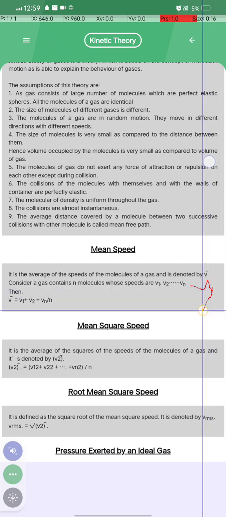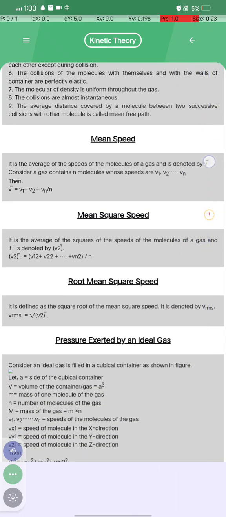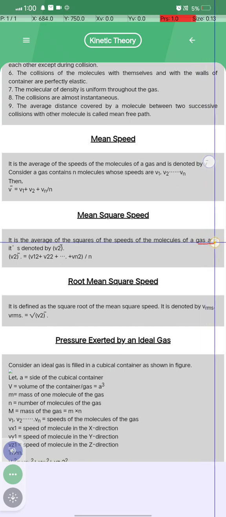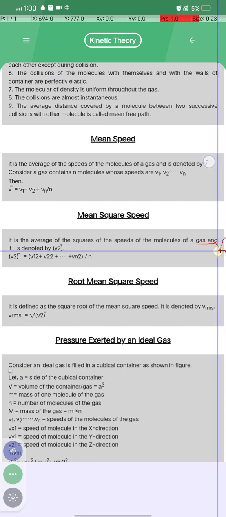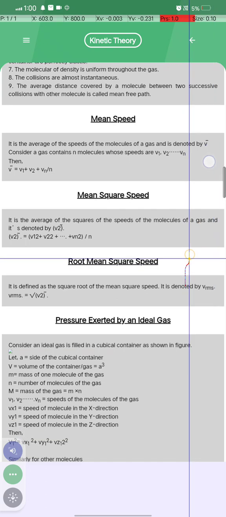Then v bar is equal to v1 plus v2 plus up to vn, divided by n. Mean square speed is the average of the squares of the speeds of the molecules of a gas, and it is denoted by v2 bar. v2 bar is equal to v1 square plus v2 square plus up to vn square, divided by n.